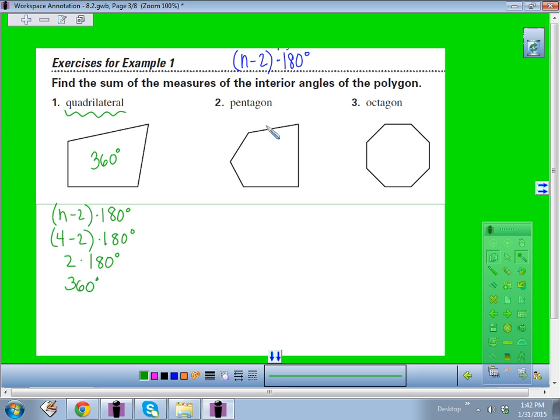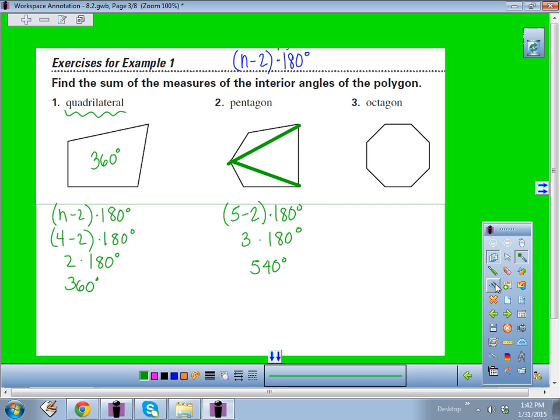Number 2, we have a pentagon. So we would have one triangle here, and 2, 3. There's 3 triangles, so we would do 3 times 180. Or in this case, a pentagon is 5 sides. 5 minus 2 times 180, 3 times 180, and 3 times 180 would be 540 degrees. The last one, the octagon.